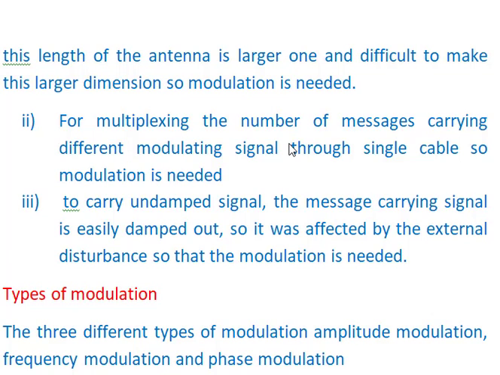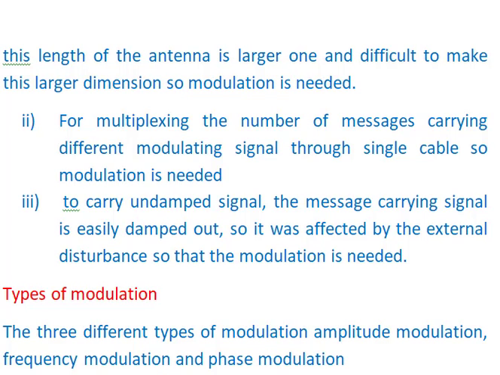And then the third point, to carry an undamped signal. The message carrying signal is easily damped out, so it is affected by external disturbances like thunder and electric wires. So to send the signal without any damping, we need modulation.